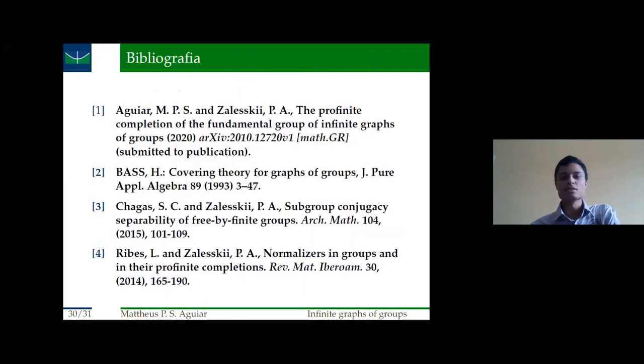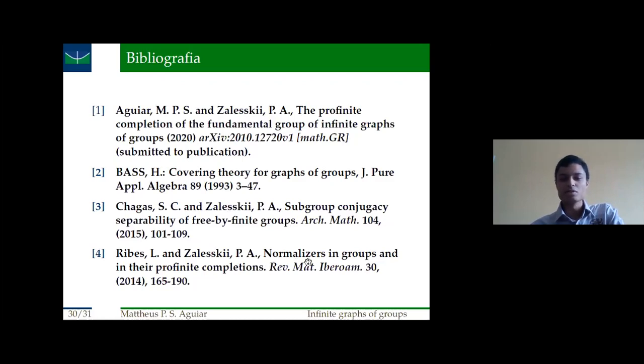So here is the bibliography I have used. This is our paper that is submitted for publication. And this is the paper of Bass from where I took the proposition. This is the paper by Chagas and Zalesski, subgroup conjugacy separability of free-by-finite groups, of which we generalized the main result.